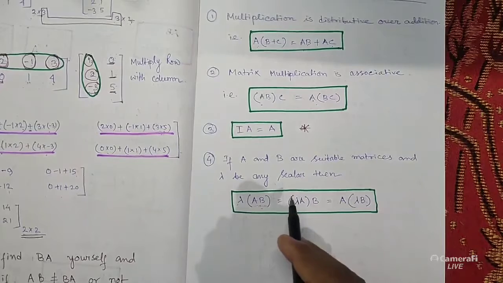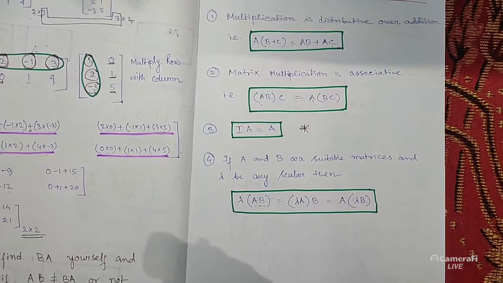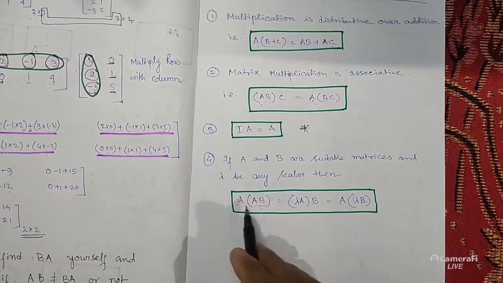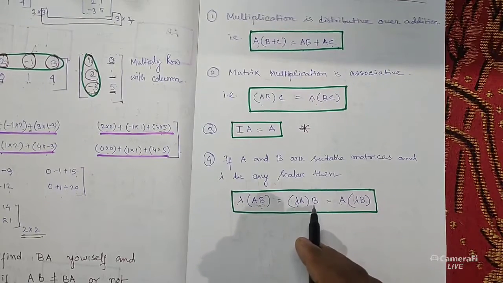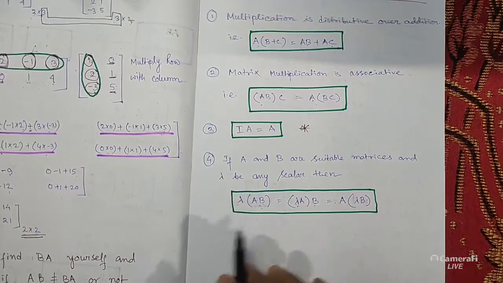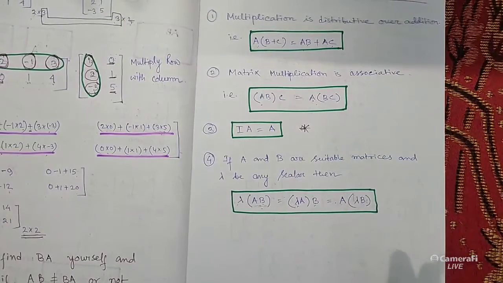That means you perform scalar multiplication and matrix multiplication. So lambda(AB) equals (lambda A)B equals A(lambda B). That means the scalar quantity can be multiplied with any matrix and the result you get is the same.